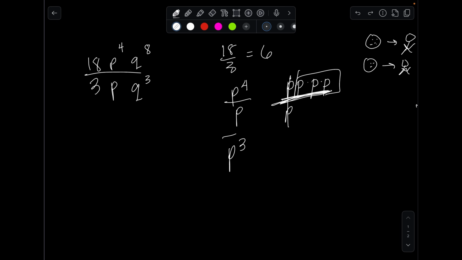Okay, so we've got 18 divided by 3 is 6. P to the 4th power divided by p is p to the 3rd power. And then we've got q.